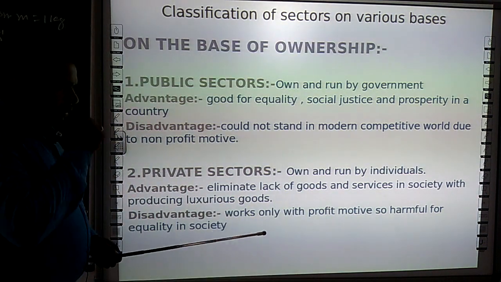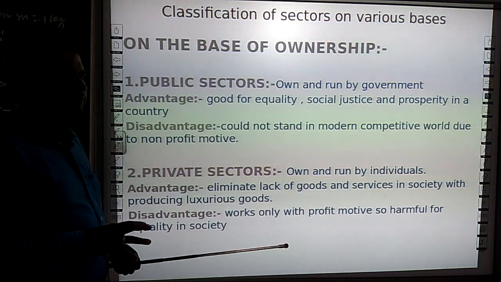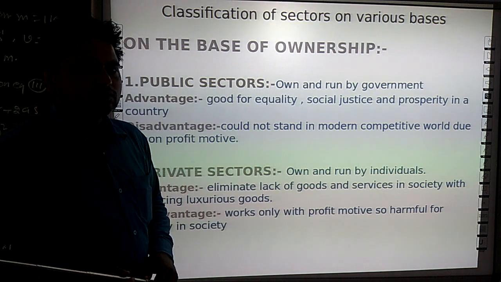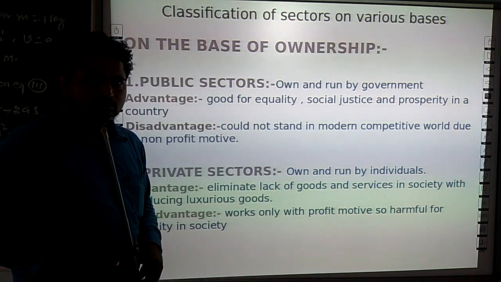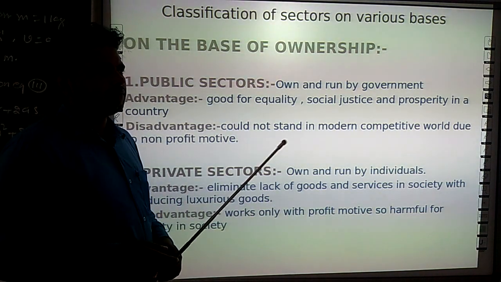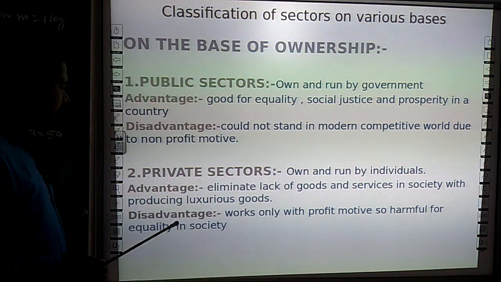And that's why most of the public sector firms fail in making profit.